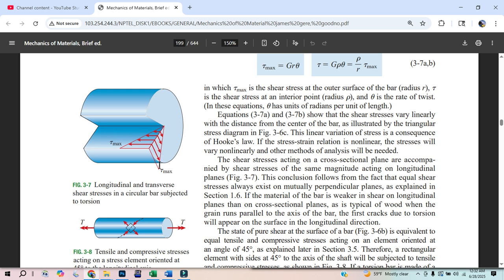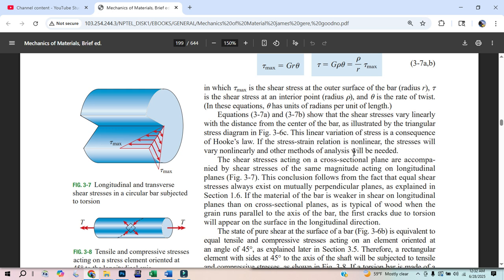We just needed an equation for shear as a function of the radius, which was just this. It was just knowing that we have a max at the surface, which doesn't change, and then it's just going to be rho divided by R times tau max. So this one equation doesn't have anything to do with twist rate or G or anything, and I was just so surprised by that.